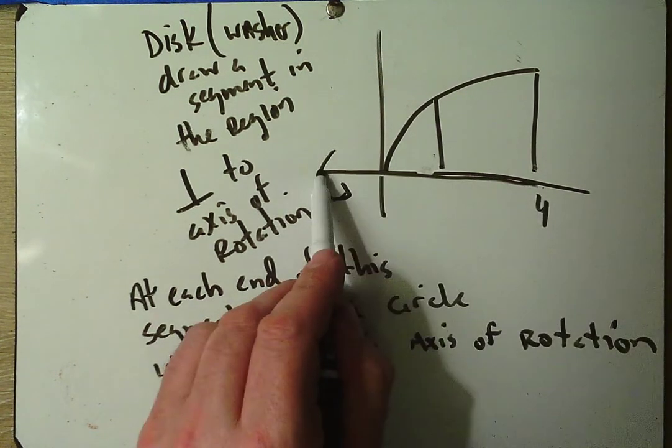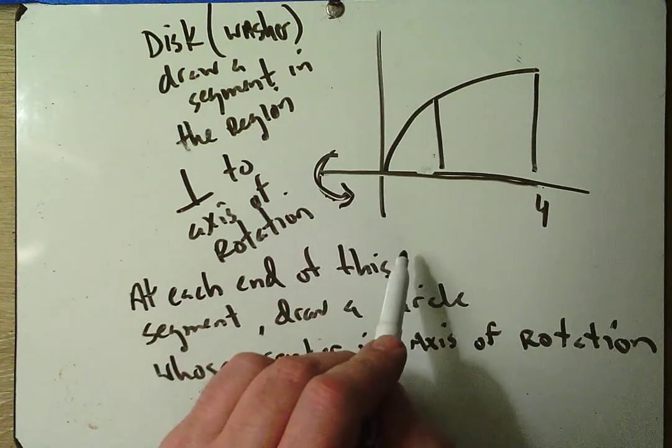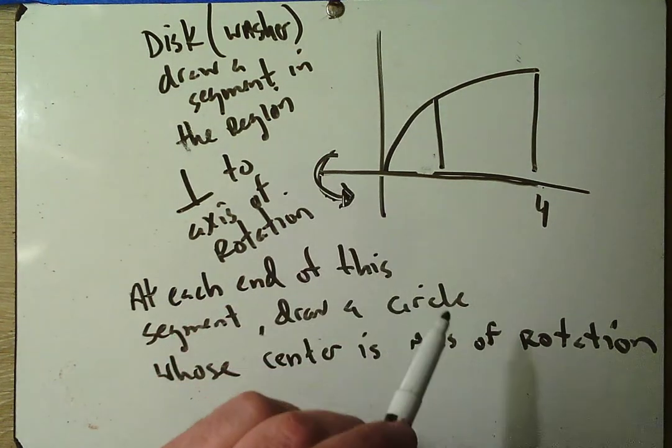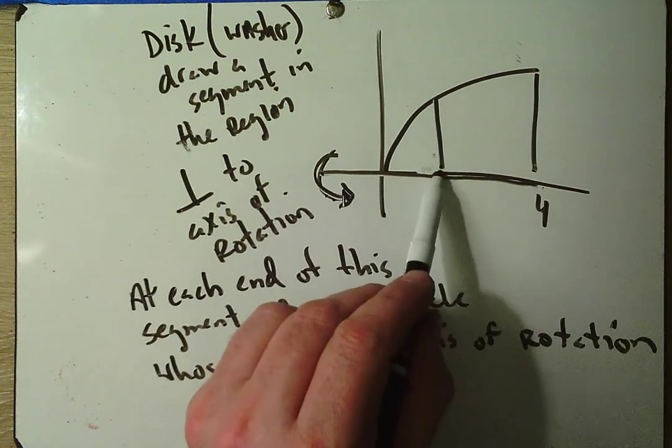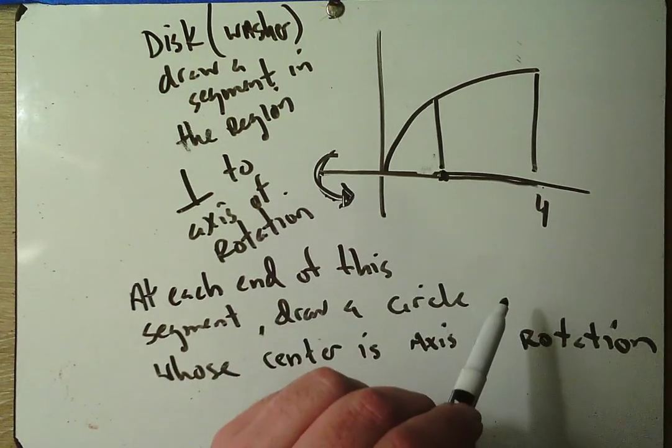This is the axis of rotation. This is what I'm rotating about. They told me in the problem I wanted to rotate about the x-axis. So I'm going to imagine that's the center of my circle there.